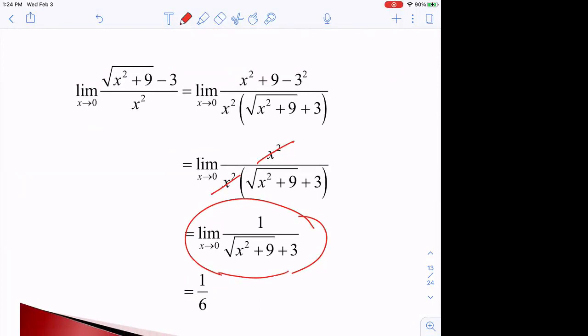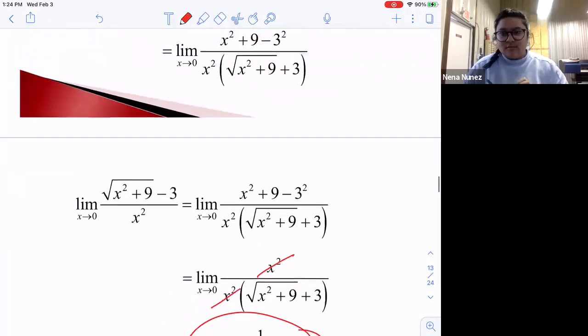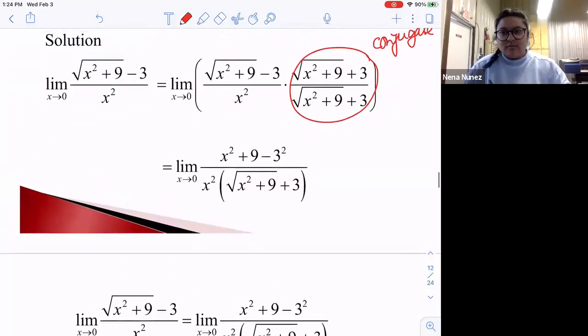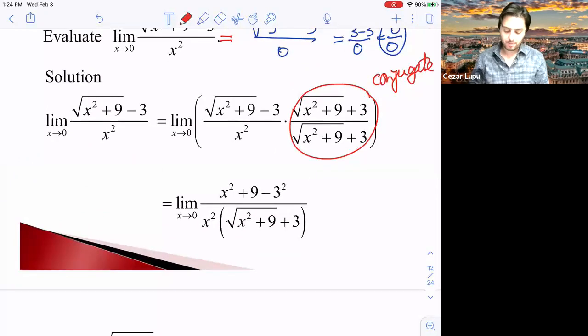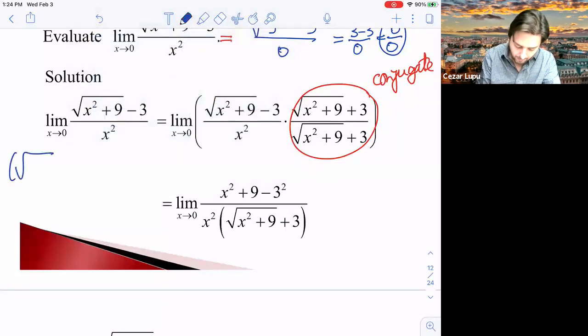Wait, could you please go back up one slide? You see, when you multiply these two here, maybe I should explain a bit here. So the square root of x squared plus 9 minus 3 times the conjugate here, the square root of x squared plus 9 plus 3.